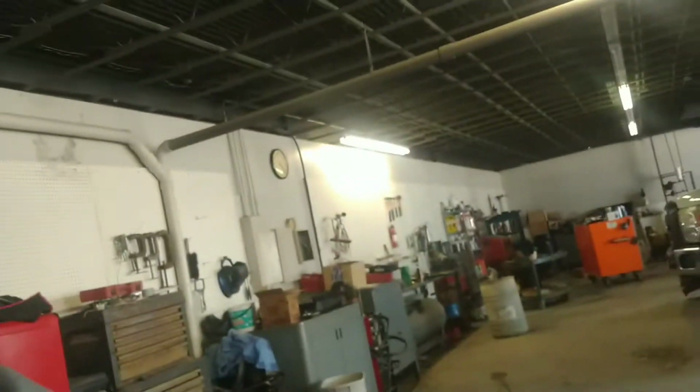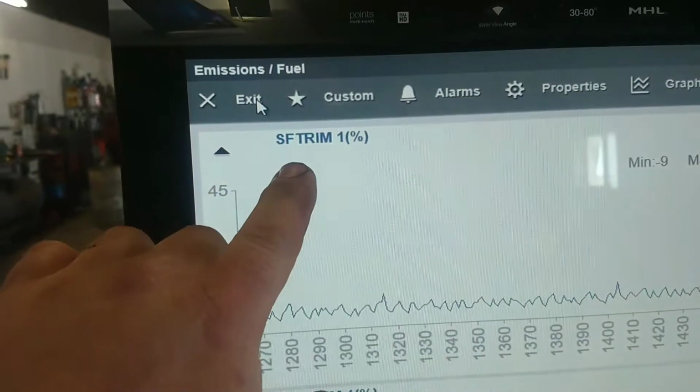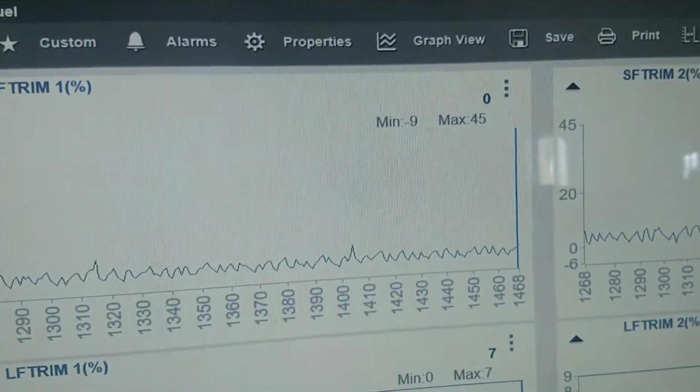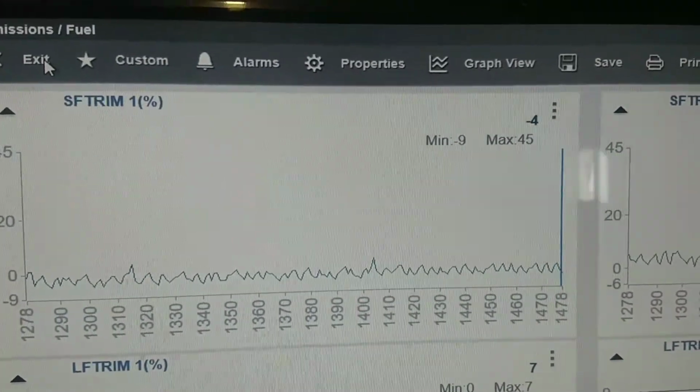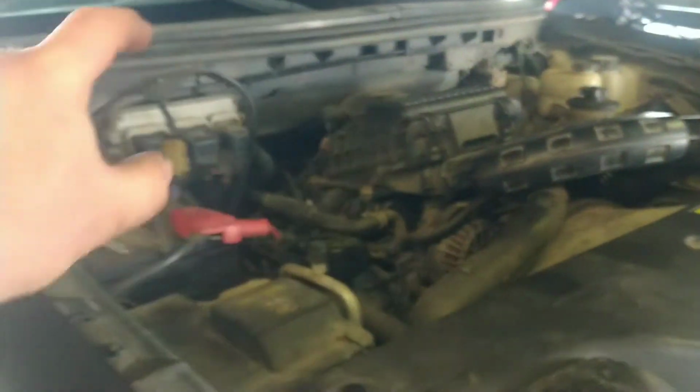So you can find things like a leaking injector, you can find a vacuum leak by watching your short-term and long-term fuel trim. The short-term is your immediate sensors, and this is how we find vacuum leaks. We're sitting here watching our short-term fuel trim, and you know how on the old ones you take a can of propane or brake clean, anything flammable, and you're spraying around the engine, and when you hit the spot where the vacuum leak is, your engine will rev up.